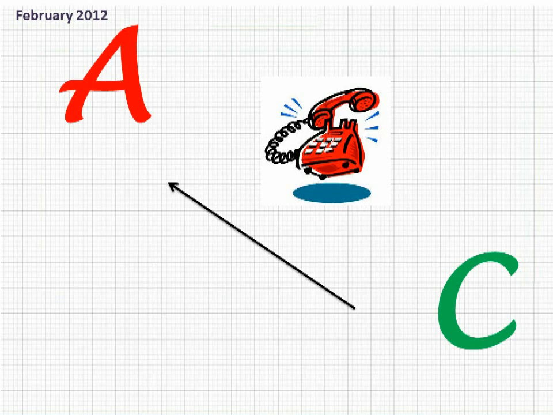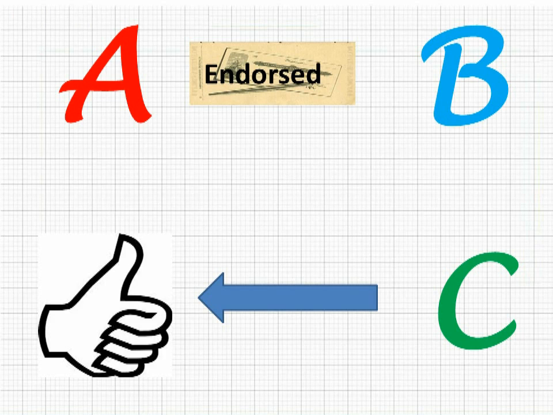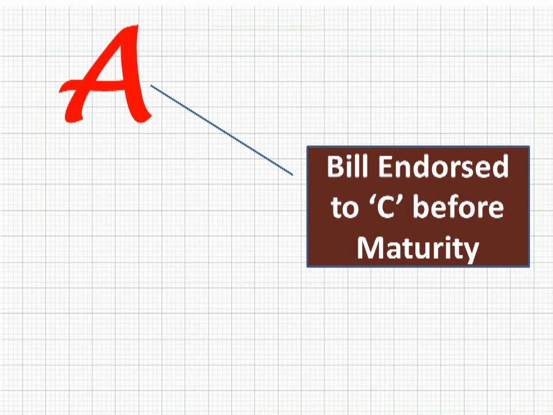And A, instead of paying cash to C, gives the bill of B to C. It means the bill has been endorsed to clear his debt. And C agrees to this situation. It means the bill has been endorsed to C before maturity.